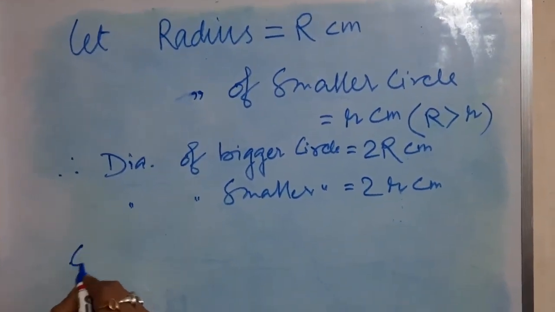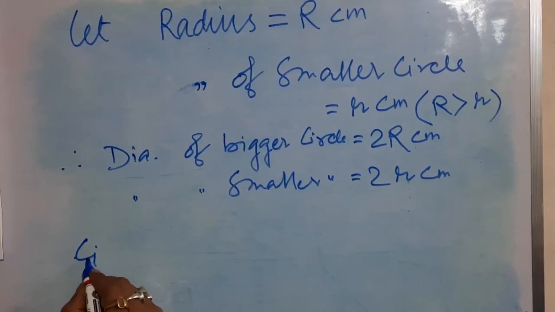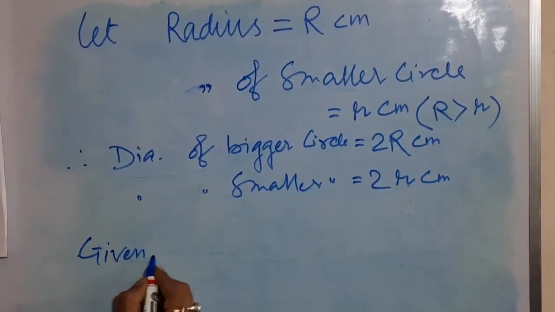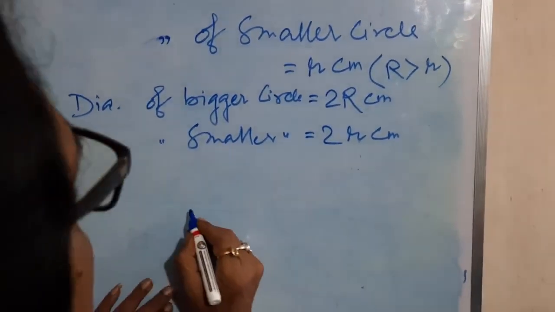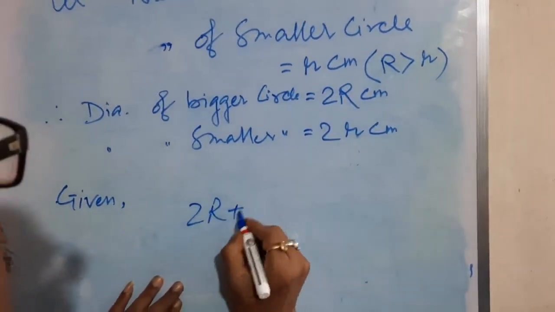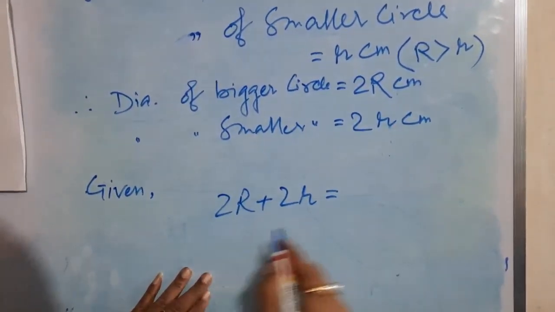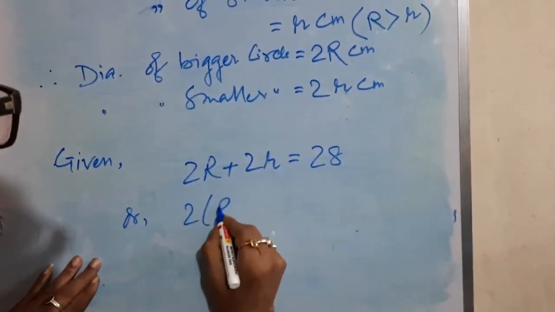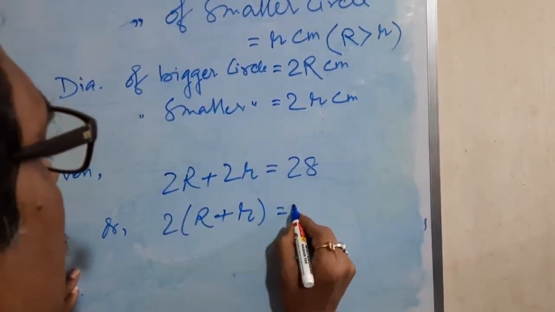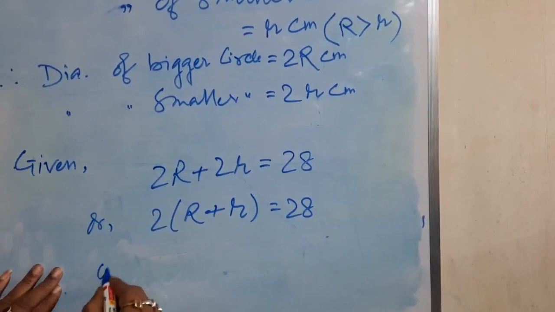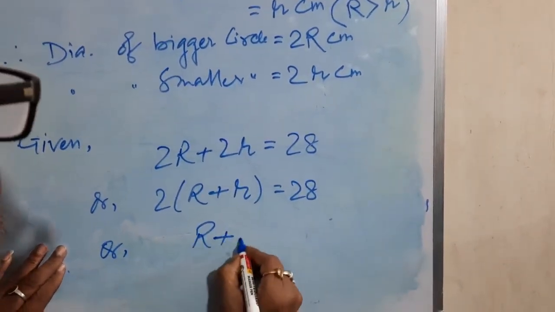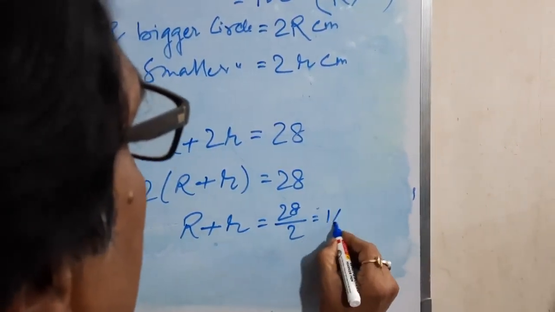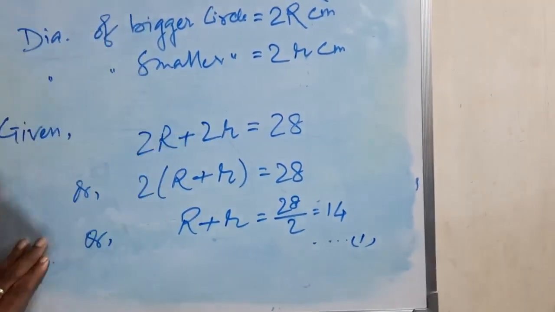Therefore, given 2 capital R plus 2 small r is equal to 28, or R plus r is equal to 28 divided by 2, that is 14. This is equation 1.